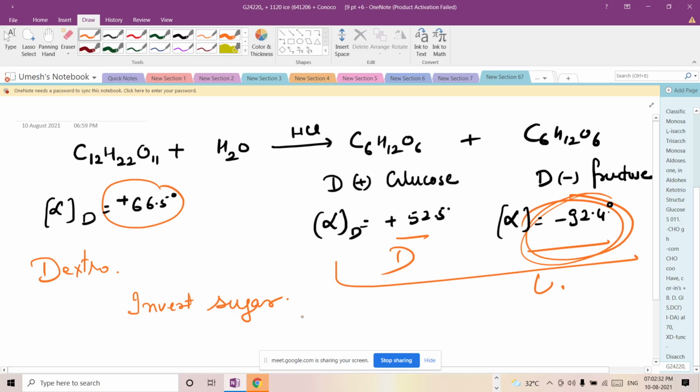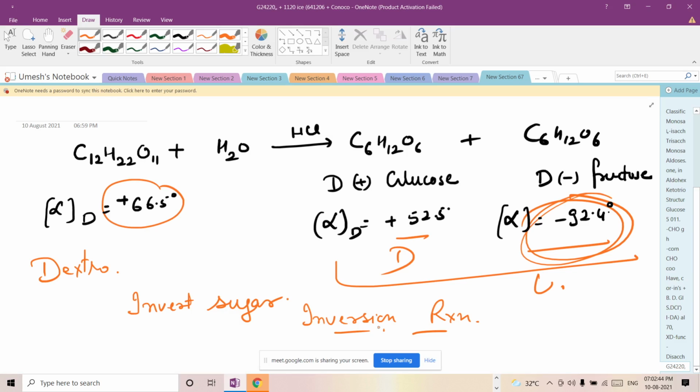And this reaction is called an inversion reaction. Am I clear?